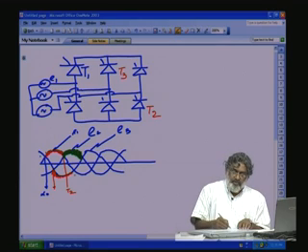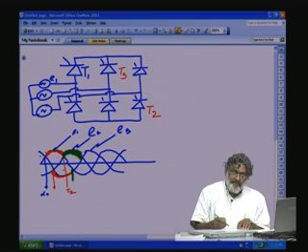Now, after some time, after T3 is turned on, after 60 degree, that is at this point, E1 phase becomes more negative. So, now T2 has to be switched off and the next thyristor has to be turned on.